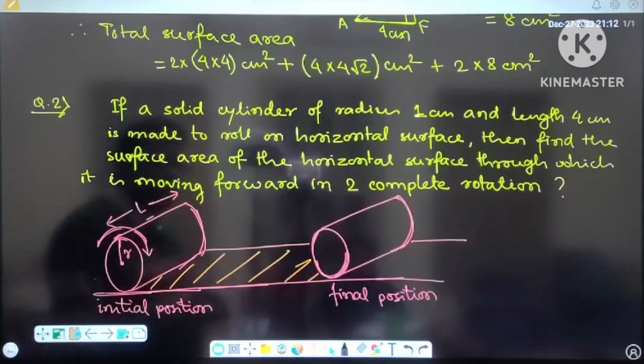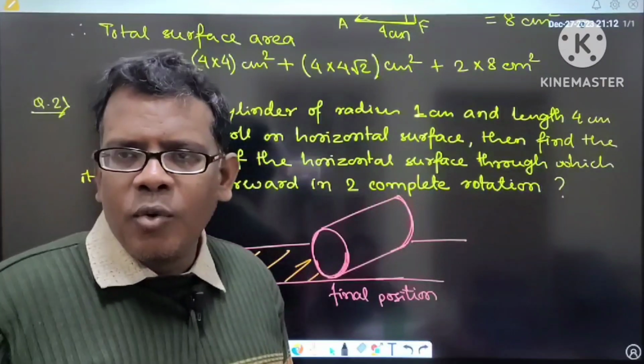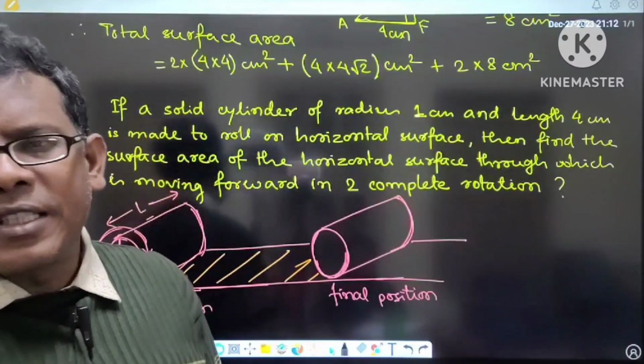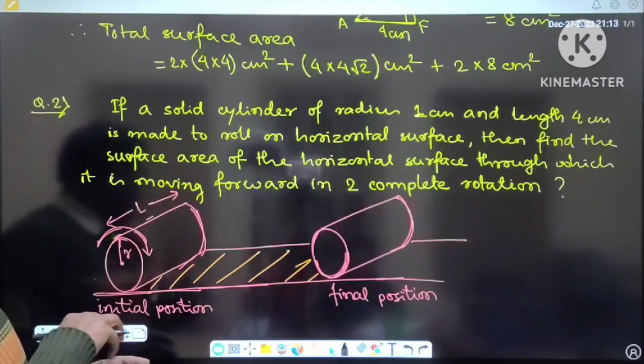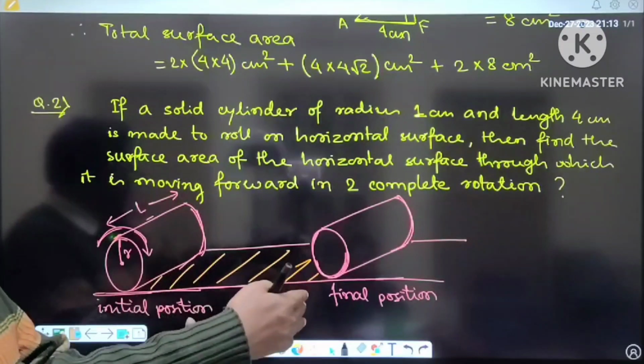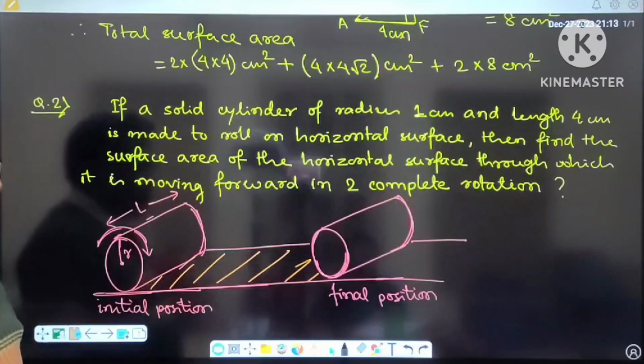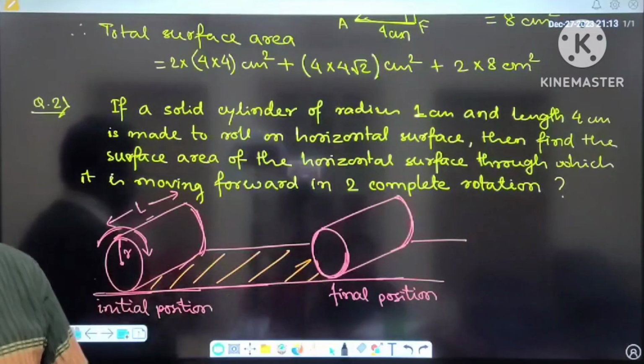Can anybody tell me, in one rotation, by what distance the cylinder can be expected to move? Because in the process of rolling it is definitely moving forward. That's why I have marked two distinct positions of the cylinder, initial position and final position.